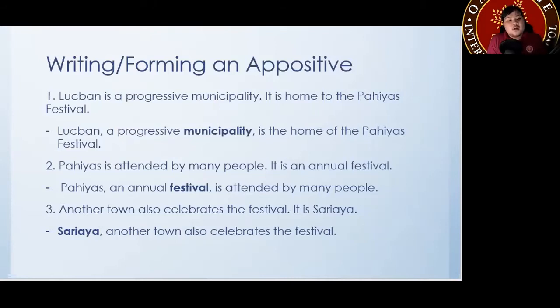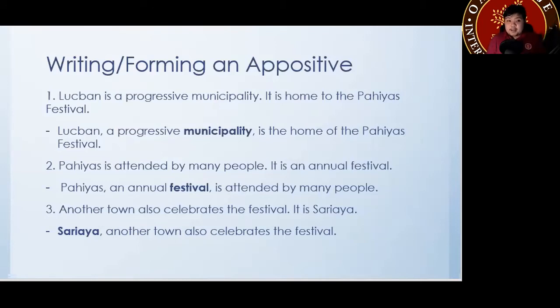Or number 2. Number 2, Pahiyas is attended by many people. It is an annual festival. Here, we have a different approach of doing it. For example, you'd like to keep the Pahiyas is attended by many people, but you'd like to include the idea of it being an annual festival. So you could include the second sentence as the appositive. So Pahiyas, that is still the subject, an annual festival, that is the appositive, is attended by many people.